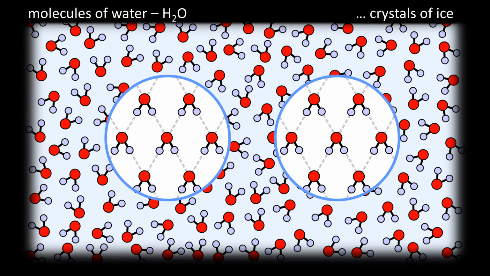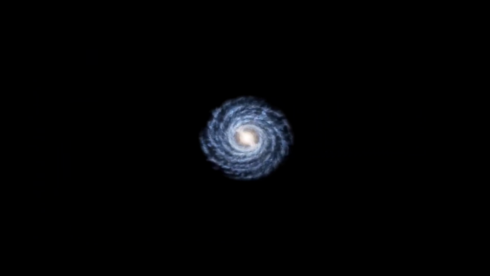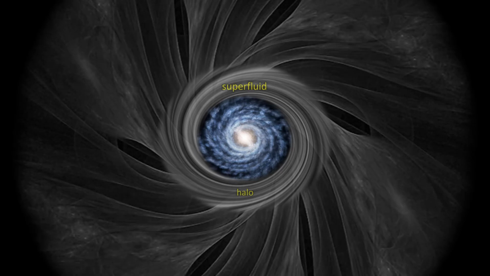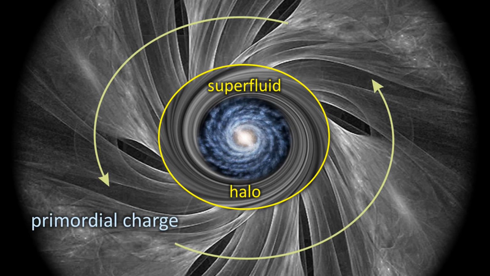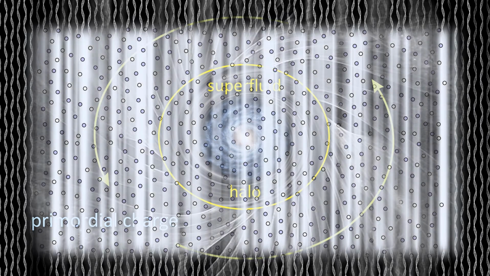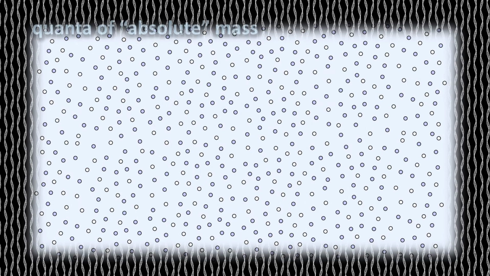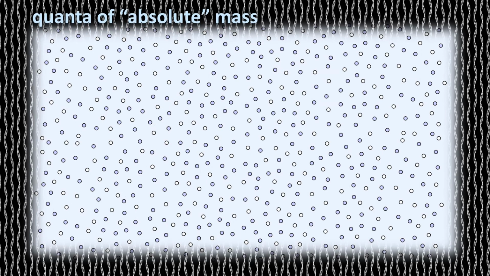Imagine a much bigger pond, a superfluid galactic halo of invisible ultimatons swirling in that condensate of charge. Such a pond will have a well-defined total of absolute ultimatonic mass, simply the sum of each ultimaton's tiny bit of this absolute kind of mass.